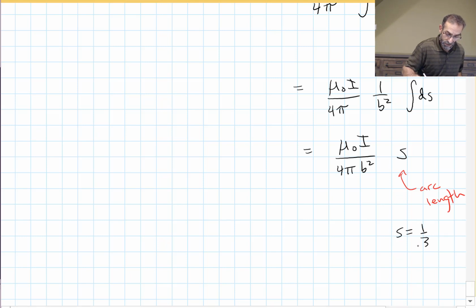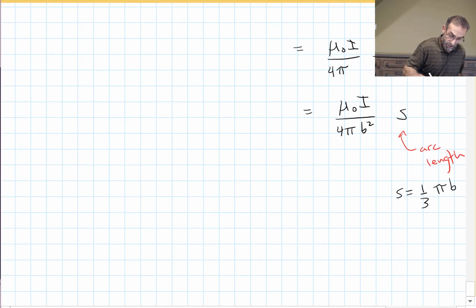S is 1/3 of pi r, right? And r is b. So I plug that in. I got mu naught I over 12b into the page.